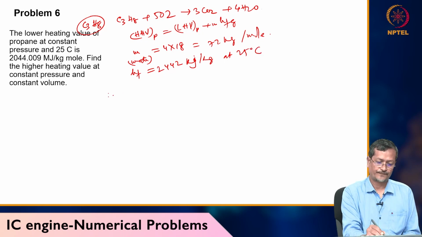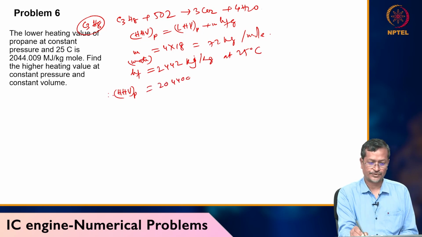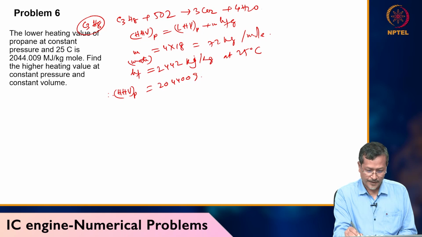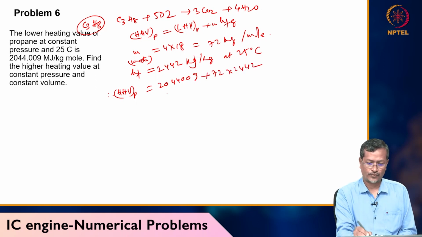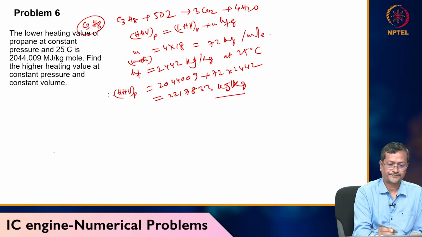So HHV equals 2044009 plus 72 into 2442. This gives 2219833 kJ per kg. This is your answer.